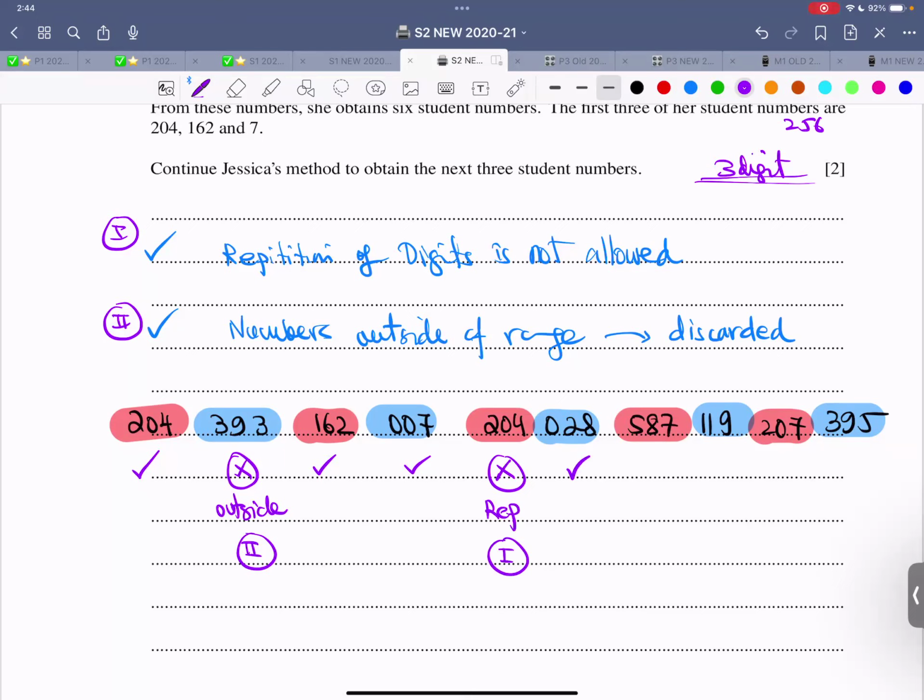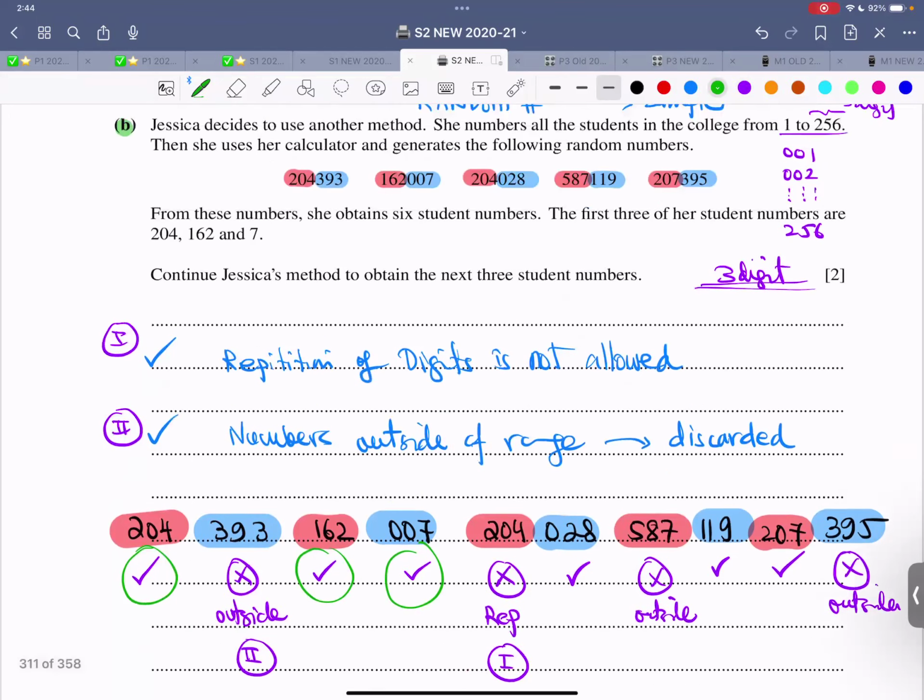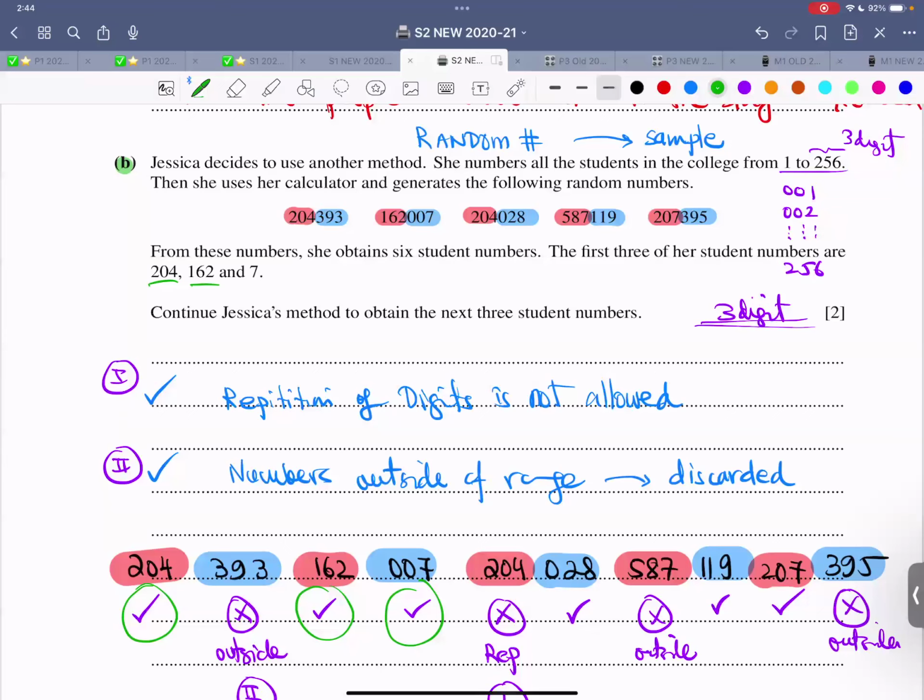028. Yes, it can be included. 587, again discarded, outside. 119, it can be chosen. 207, it can be chosen. 395, this is outside. So how many have I chosen? I have chosen 1, 2, 3: 204, 162, 007.